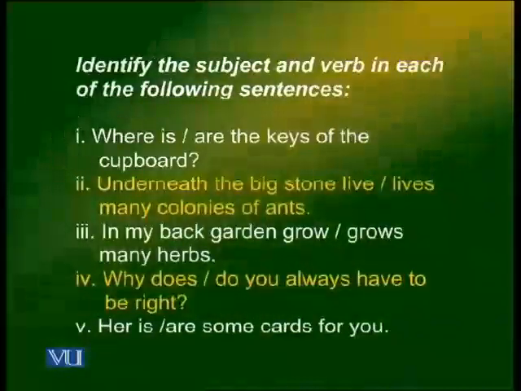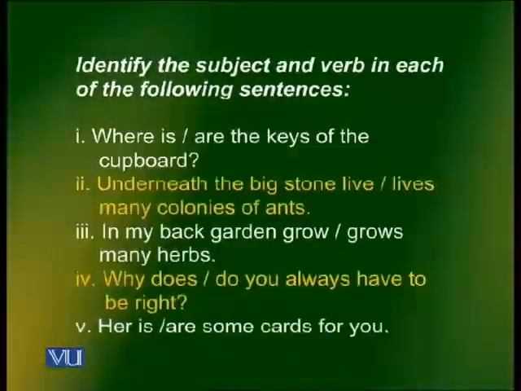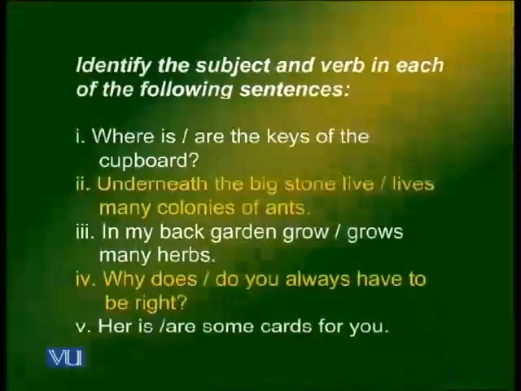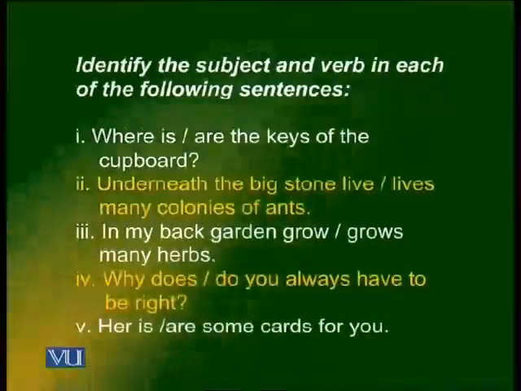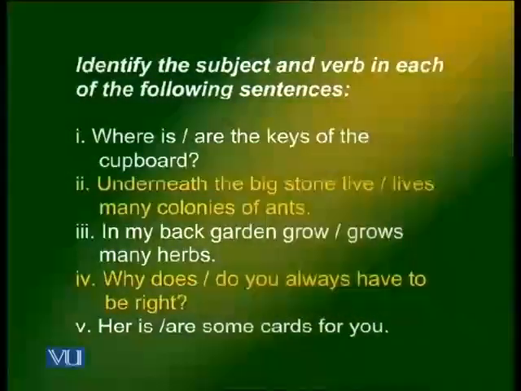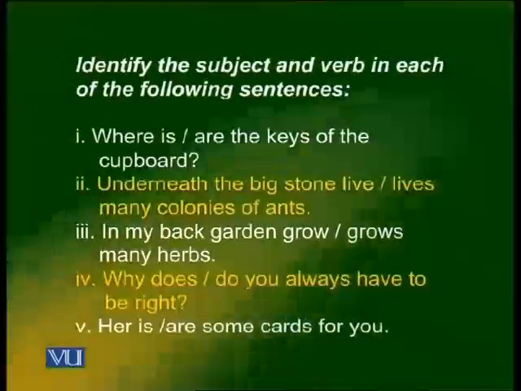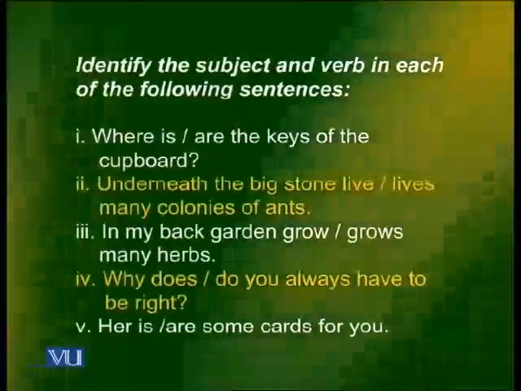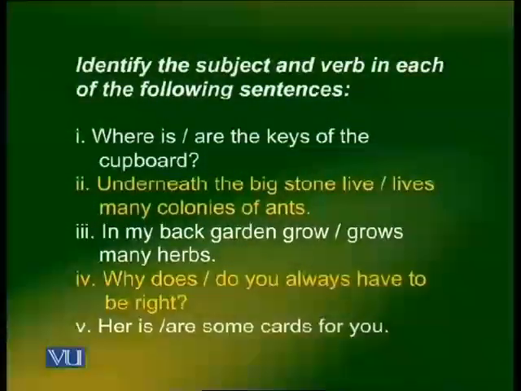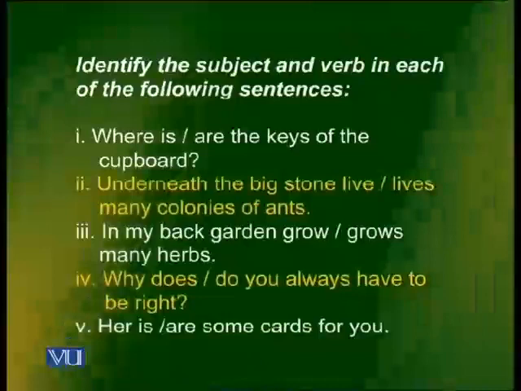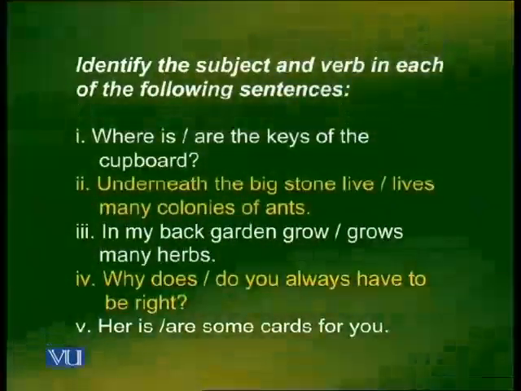Which one is the verb, and which word is the subject? You had no problem, I'm sure. The subject of that sentence was keys, and the verb that goes with it is are. The correct verb is are, because are is in the plural and it matches the subject, which is also in the plural. Keys and are.